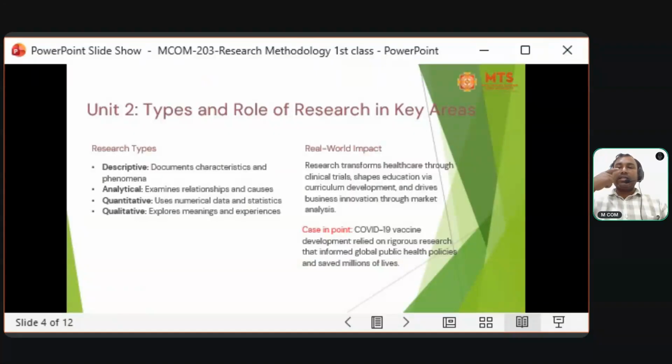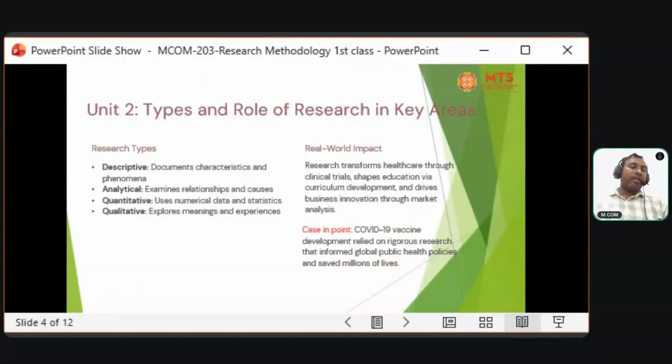Real world impact: research transforms healthcare through clinical trials, shapes education via curricula development, and drives business innovations through market analysis. A case in point, COVID-19 vaccine development relied on rigorous research that informed global public health policies and saved millions of lives.